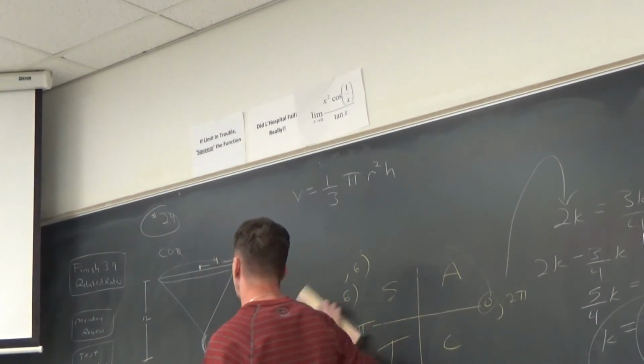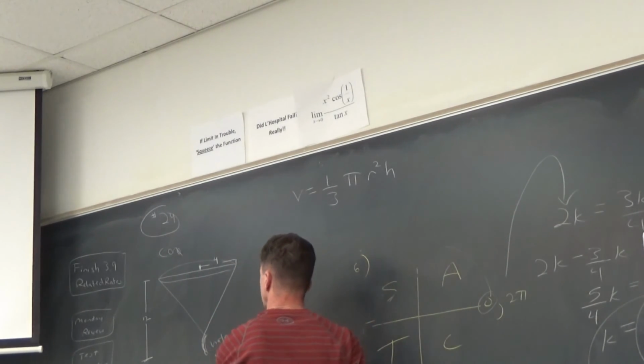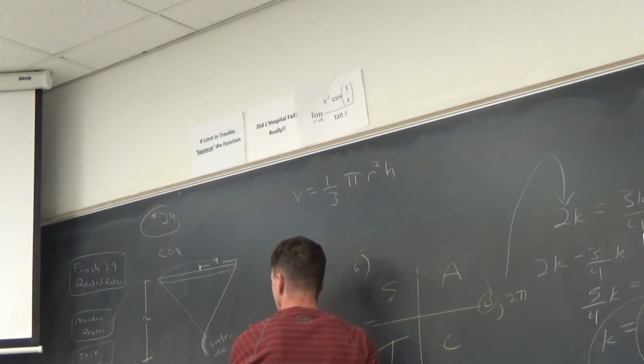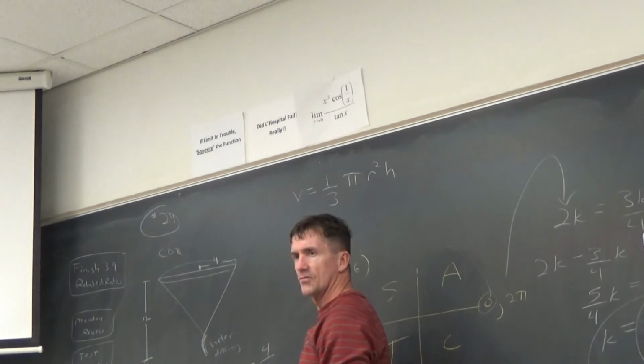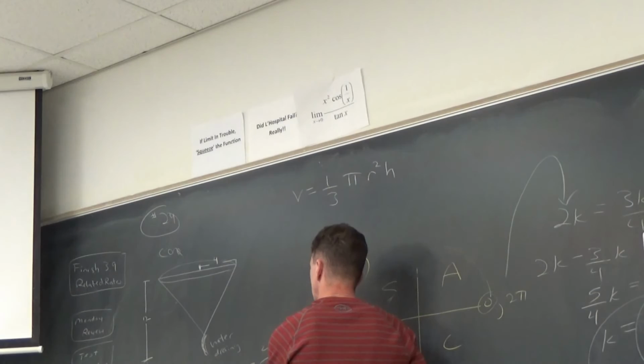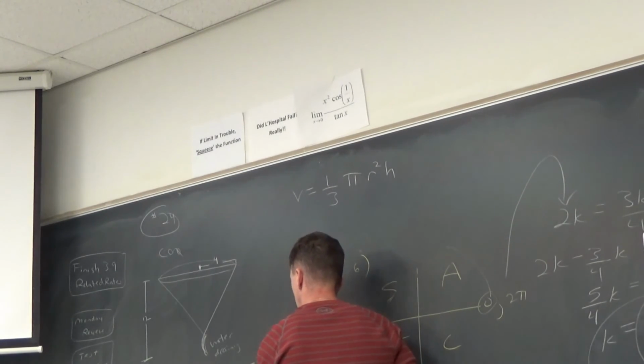By the way, does anybody know what the ratio of r over h already is? It's 1/3, because it's 4 over 12. So if you solve for r, what would r equal? h over 3. So that's equal to 1/3. Can't you just memorize that?